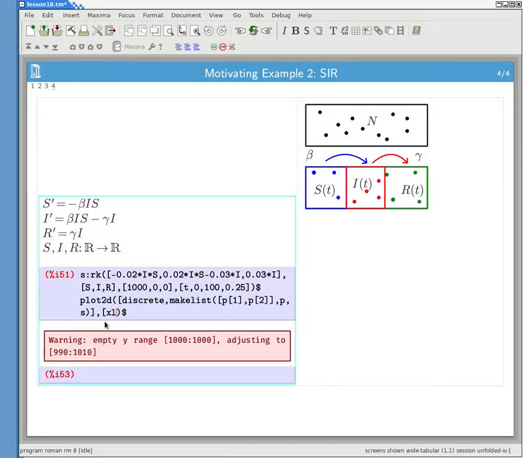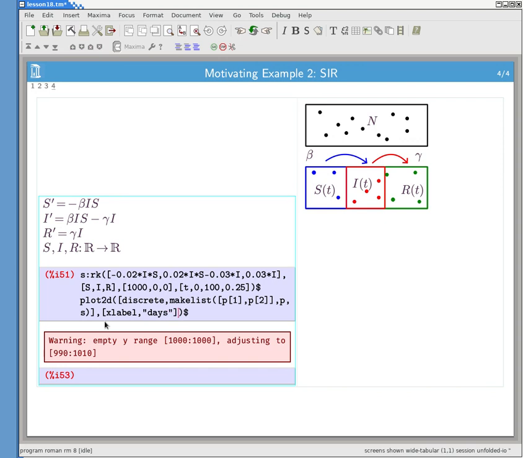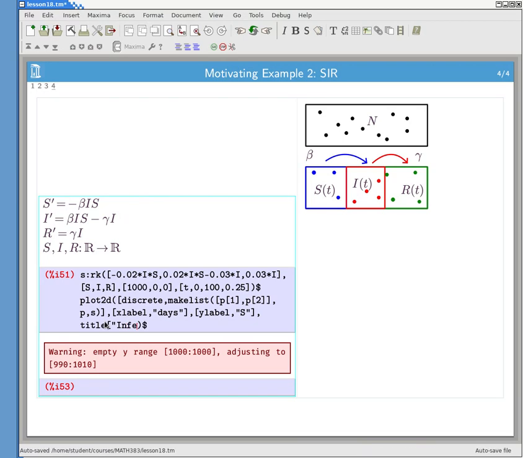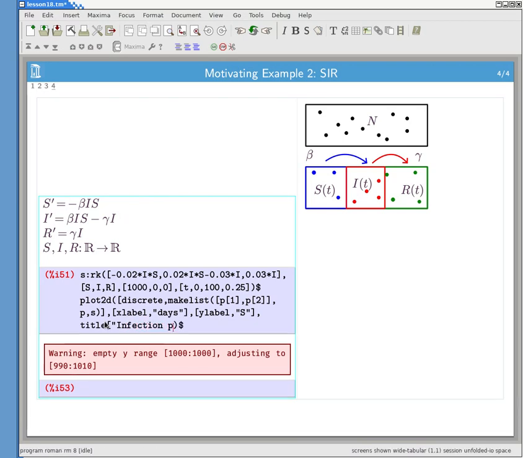So we have an X label, which in this context is days, then a Y label, which for now is the number of susceptible individuals, and the overall title of the plot, let's call that infection propagation.